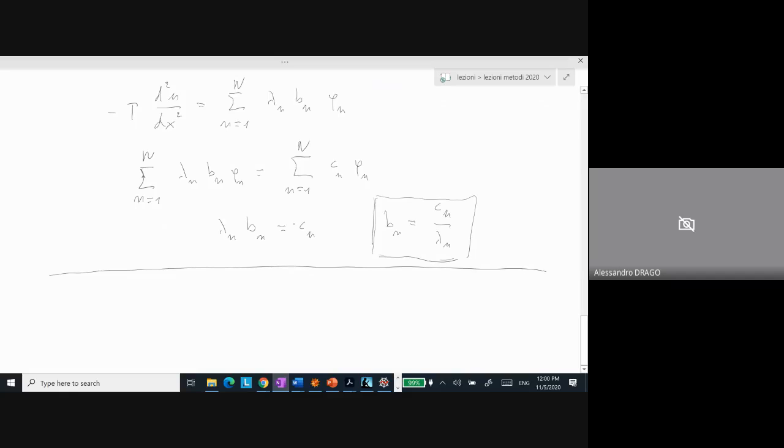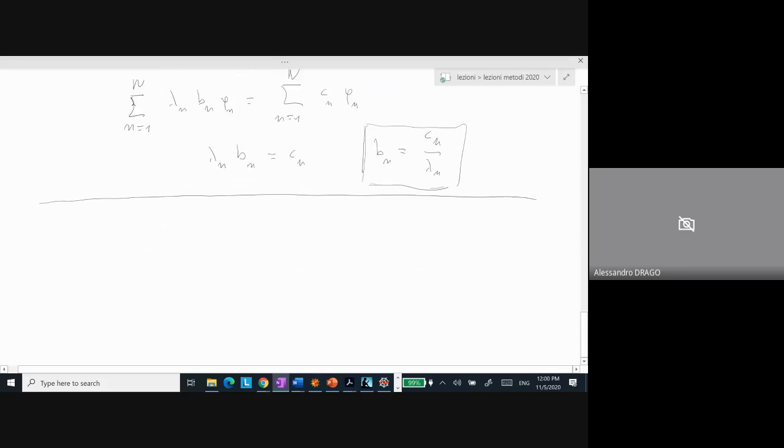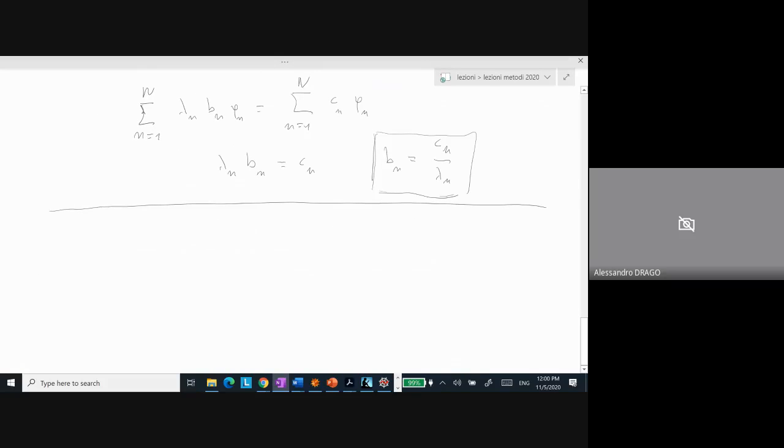Okay, so let's assume that we are discussing a problem similar to the previous one, that is minus t, second derivative of u with respect to x squared, equal to f of x, and this, as usual, in a certain interval.